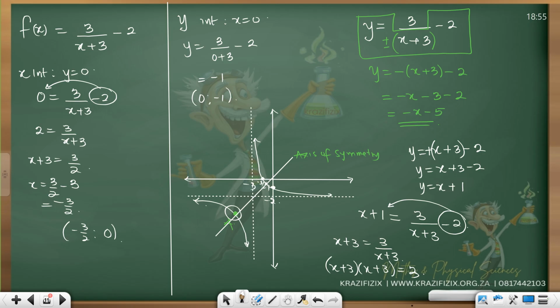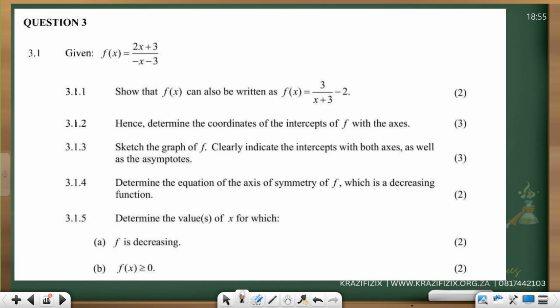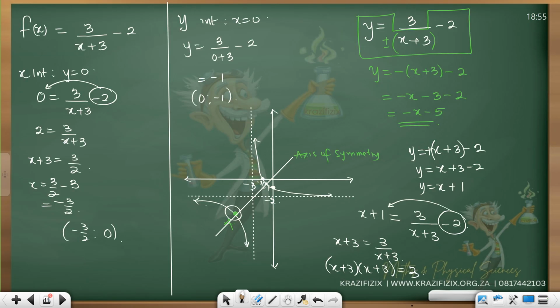Okay. So that one is sorted. And so please don't make mistakes. This is where you pick up your marks. Good marks are available here. What are we looking for next? F is decreasing. Okay. Learners struggle with all of this. Where is F decreasing? F of x decreasing.